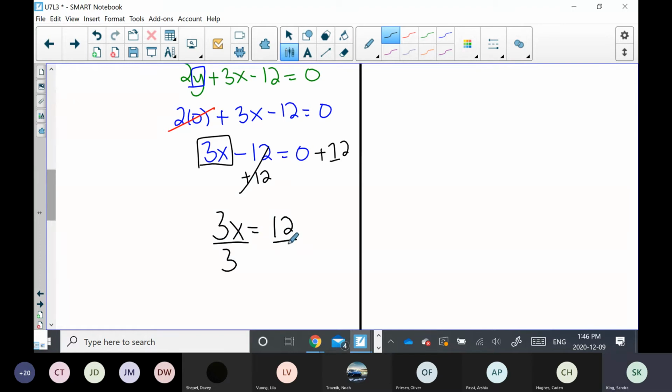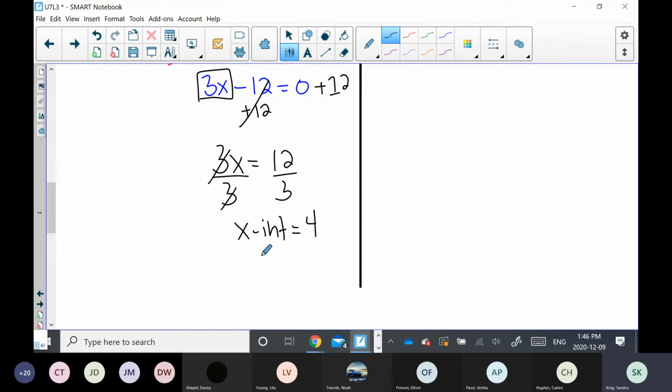Get rid of the 3 by dividing it out. X-intercept, because that's what we were calculating. 3 divided by 3 cancels. I've got x by itself. 12 divided by 3 is 4. Whenever we do intercepts, always give the ordered pair. The x-intercept is 4. What did we say y was? Well, y was 0.